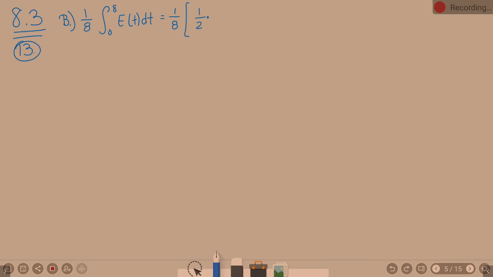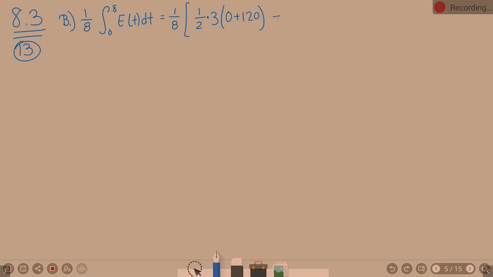So 1/2, if we look at the first interval from 0 to 3, is a width of 3. And then base 1 plus base 2: the interval 0 to 3 is going to have heights of 0 and 120. So 0 plus 120. That's our first trapezoid.